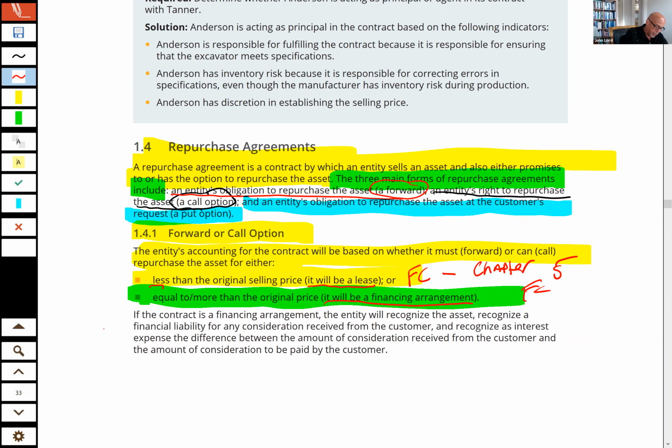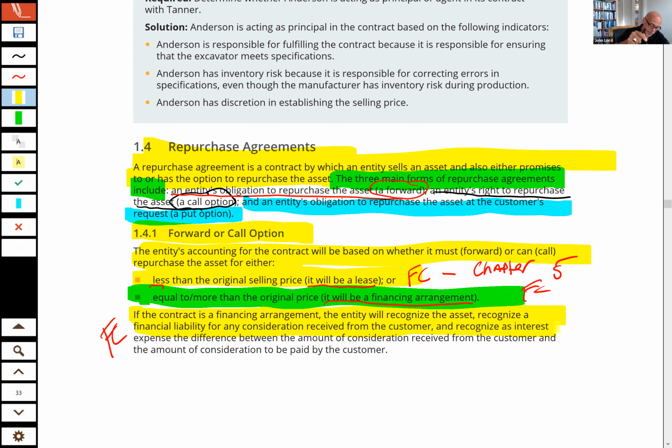So you take a look and flashcard that if it is a financing, and again, whether it's a lease or financing depends on whether we're buying it back for less or more than the original price. If the contract is equal or more and it's a financing agreement, then the entity will recognize the asset, recognize a financial liability for the consideration received, right?